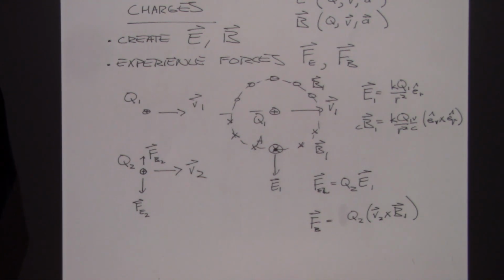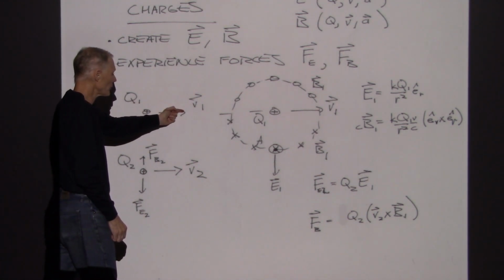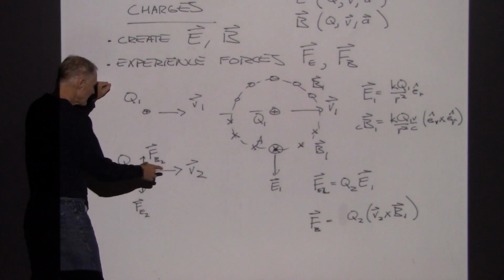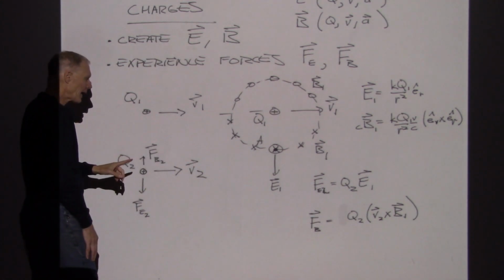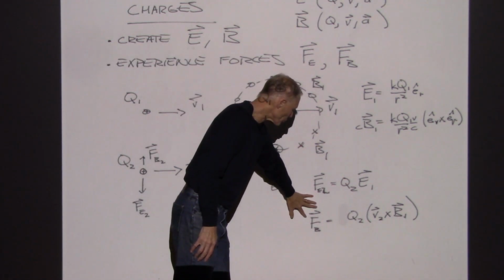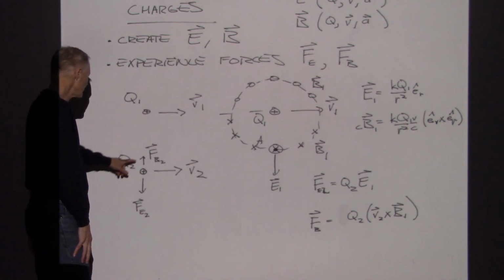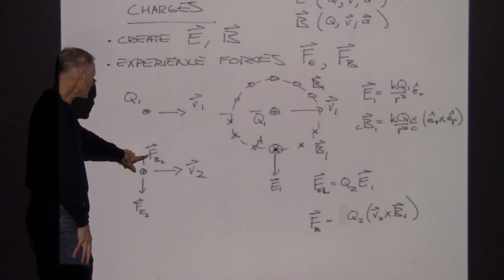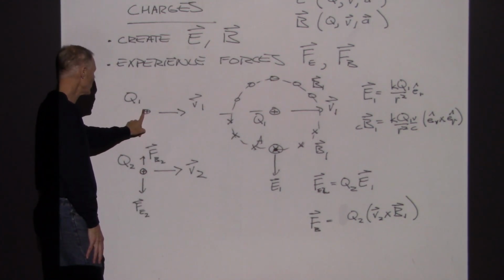Okay, that's how it works. In this example, charge 1 is moving in this direction. It's generating a magnetic field that's going into the board here, and there's another cross product to tell us what force will be acting on charge number 2. When we do the cross product, we find out that this charge is being pulled towards Q1.